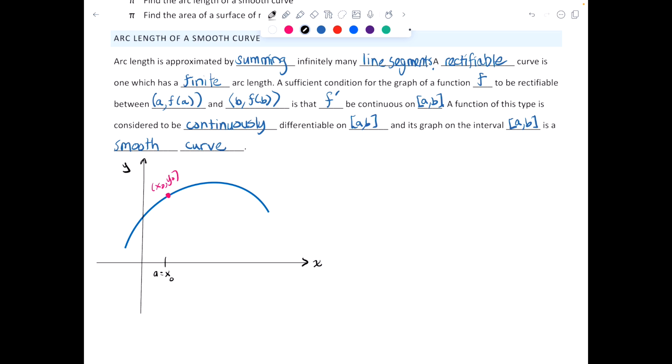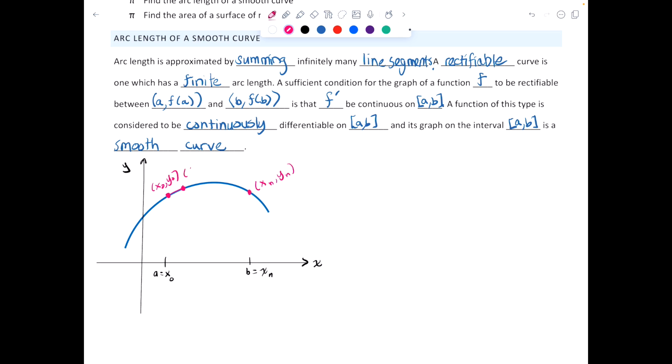Then let's call this one here B. B happens to be xn because we're going into subintervals for the definition and the concept. So this one here would be the point (xn, yn). What we do with this is we make infinitely many little line segments on the arc and then we add them all up.